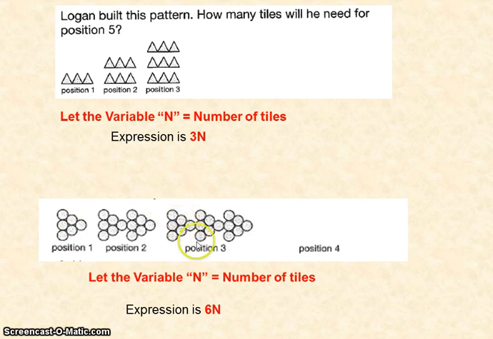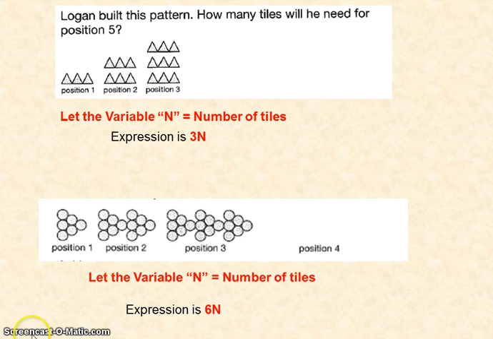I miscounted. So I can come up with an expression of 6n. So 6 tiles multiplied by the position number. Actually, n would represent the position number. That's a mistake in this PowerPoint. So 6 times 10 would give me 60 in position 10.